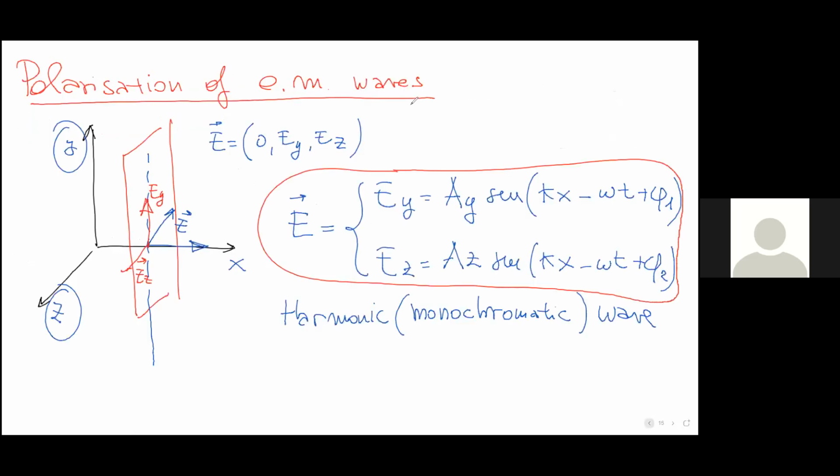Say you are an observer here. This is your eye, okay? And light is coming towards you, okay? You see the y-axis, you see the z-axis, the x-axis is towards you, okay? And you see that along the y direction, the field can have a y component. Along the z direction, the field can have a z component.